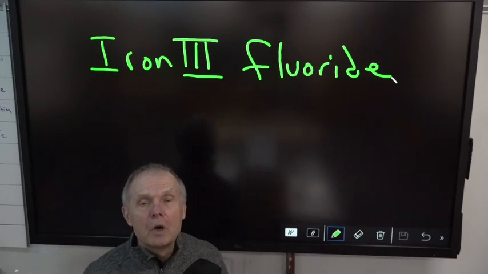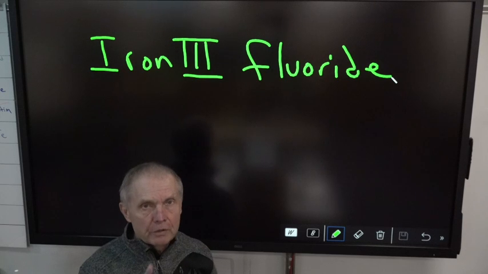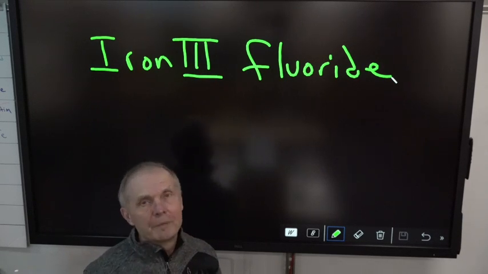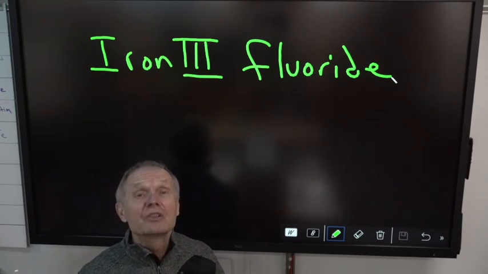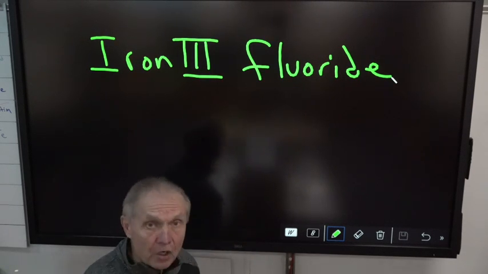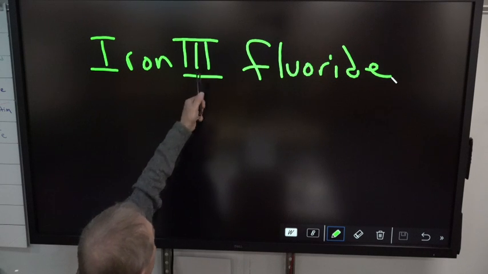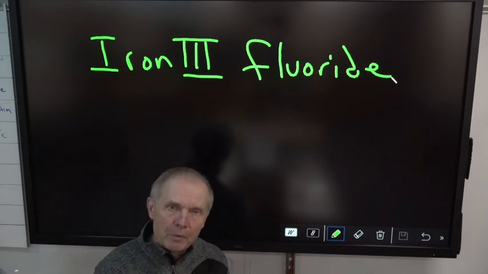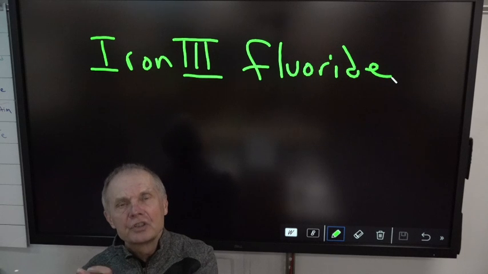What the heck does that Roman numeral mean? Whenever you see a Roman numeral next to the metal, that means the charge or the oxidation state. It doesn't mean take the third charge down. It means that's a +3. So whatever the Roman numeral is, that is the charge.